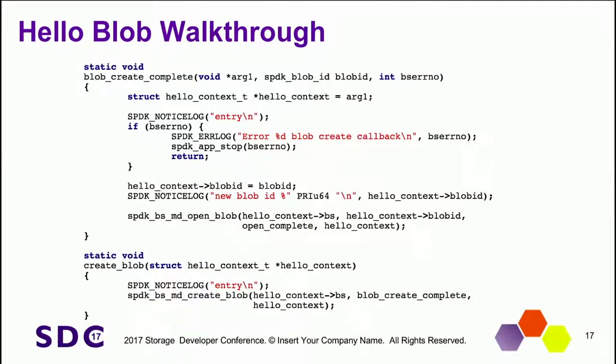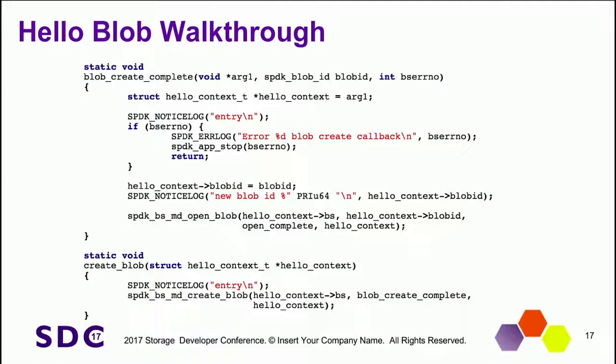You notice I didn't give it a size, right? So every time I create a blob, it comes up as size 0, and then I have to resize it to whatever I want it to be. And that's actually on purpose, and we probably won't talk about it in these slides, but for example, when you bolt it together with our shim to run under RocksDB, we'll just continually allocate off the end and resize the blob as we go, so you don't have to guess what your size is going to be.